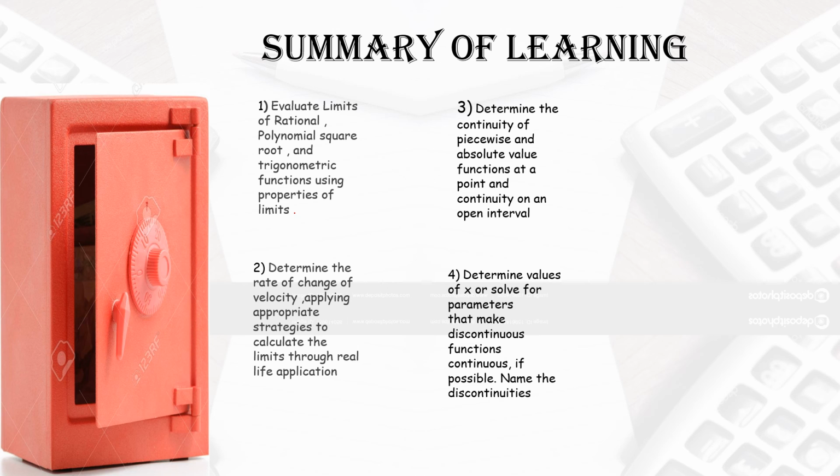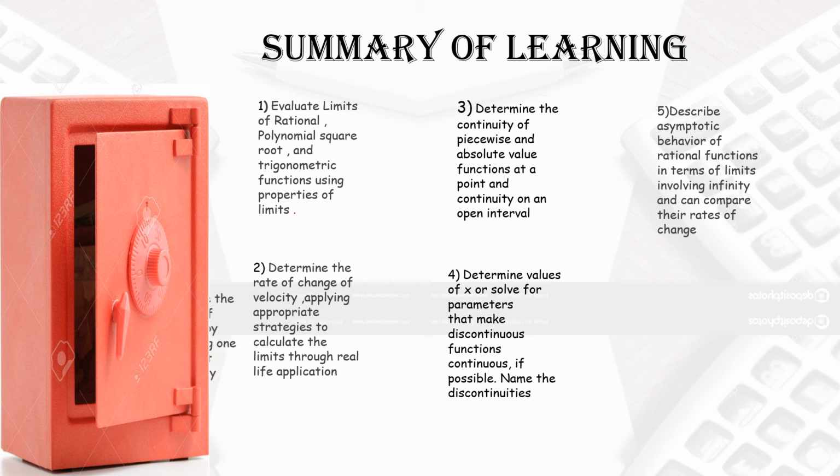We understood how to solve for the x and find the continuity or discontinuity at that point. We understood how to find the vertical asymptote by finding the limits, infinite limits, and also the limits at infinity. And also we understood how to calculate the velocity, applying the same idea in real life application.